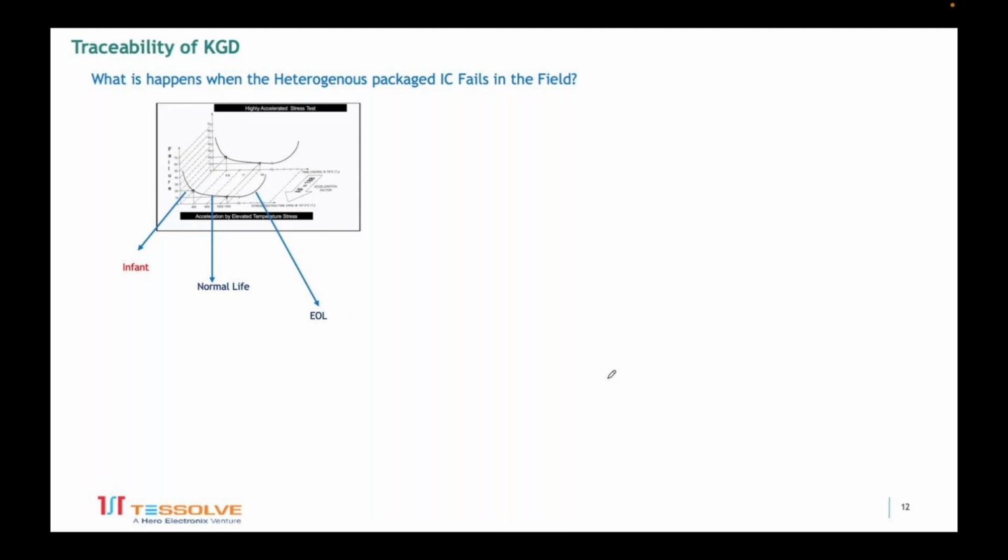Anyway, in the bathtub curve we have infant, normal life and end of life. But if there is a failure, assuming this kind of packaged device is going into a very critical application, the importance of traceability is too high if the failure is in the infant area versus the normal life and end of life.